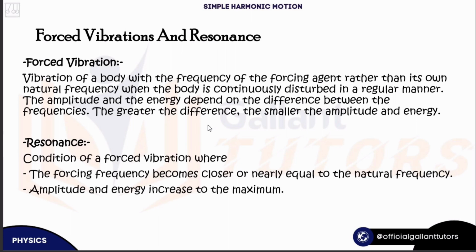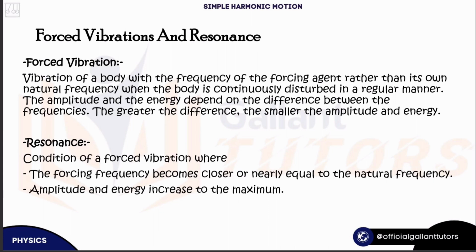In that kind of case, we call it forced vibration. Yes, this system can vibrate, but we're applying an external force, external energy, to see that this system vibrates. So forced vibration is vibration of a body with the frequency of the vibrating agent, in this case the drumming stick, rather than its own natural vibration, when the body is continuously disturbed in a regular manner.